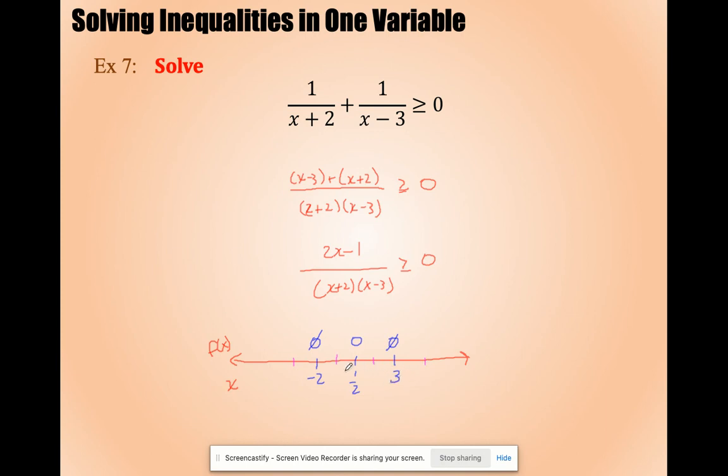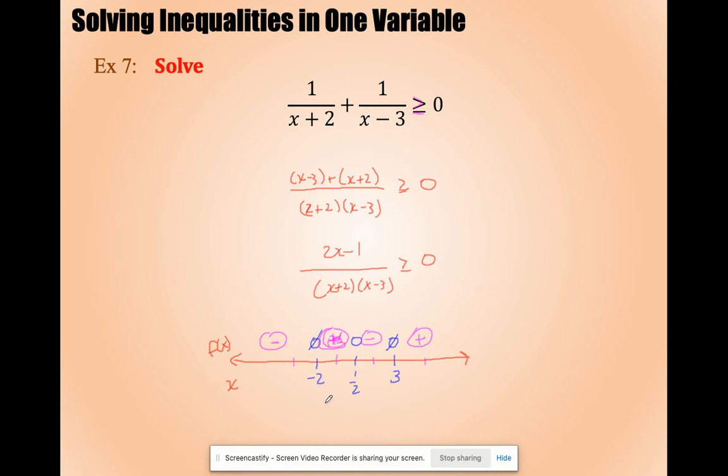Test a value, and again, I will leave it to you to do that, but I ended up with negative, positive, negative, and positive. What was I asked? Positive or equal to 0.